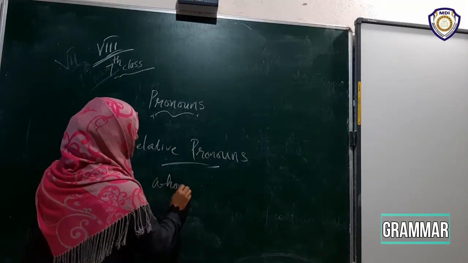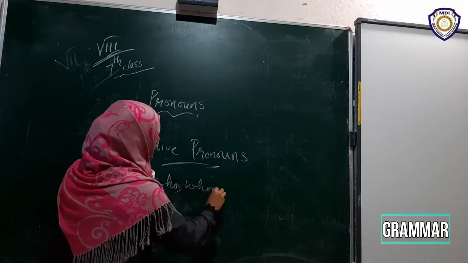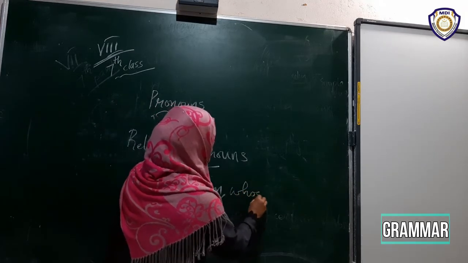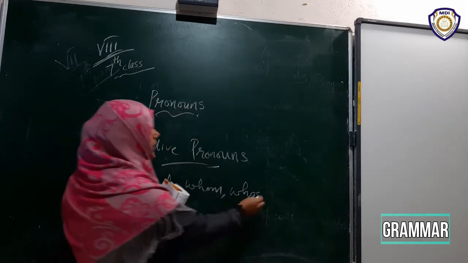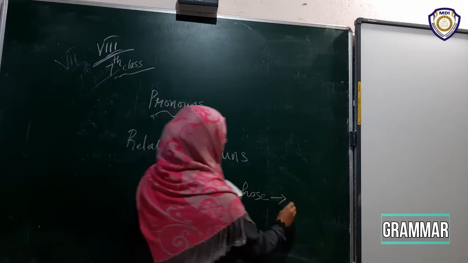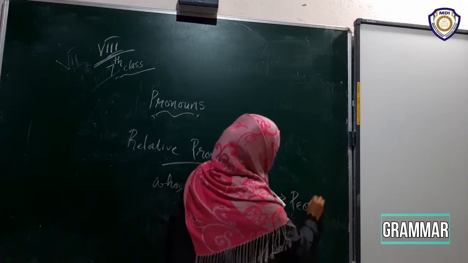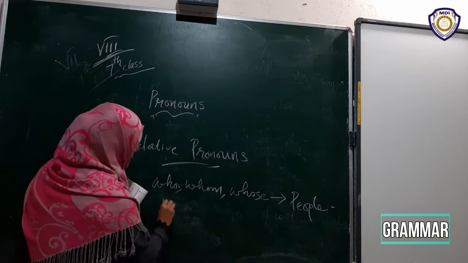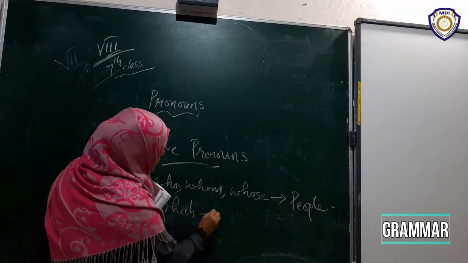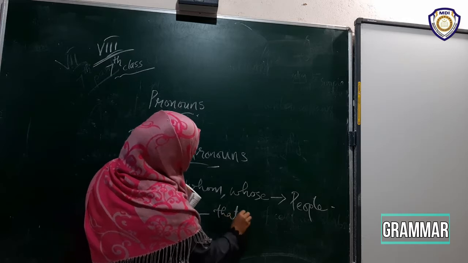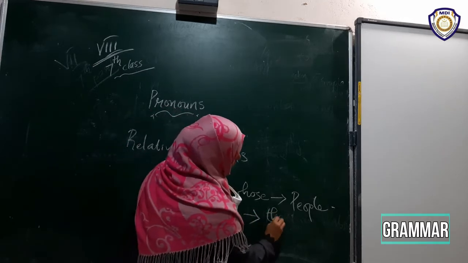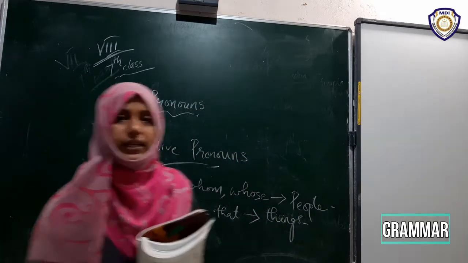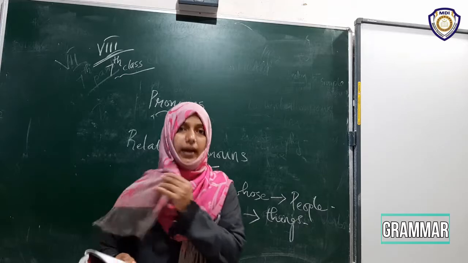Who, whom, whose, we are using for persons, people. Then which, that, we are using for things. By using these relative pronouns, we can combine two sentences into one.